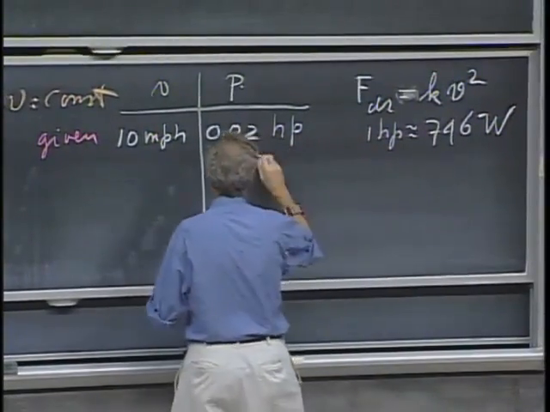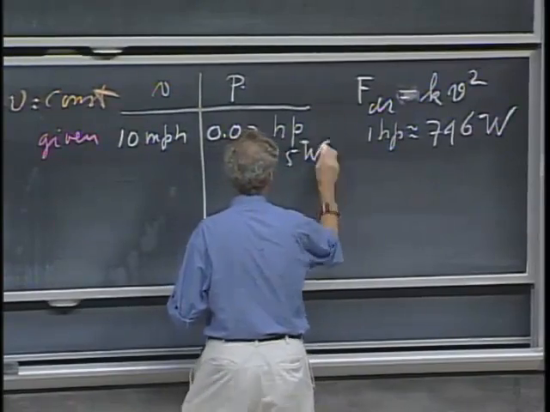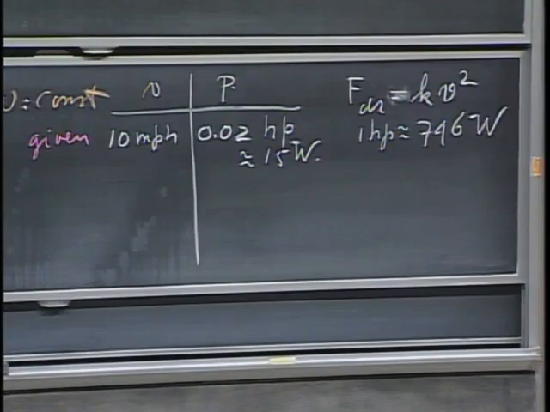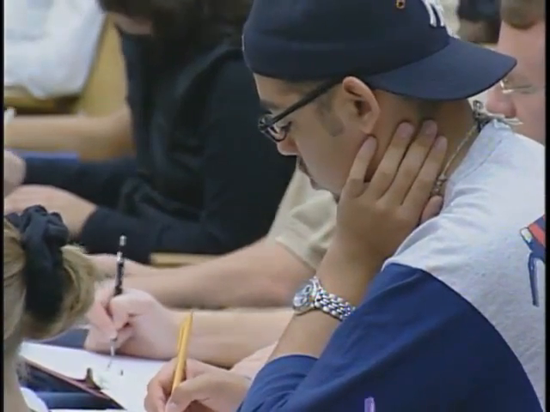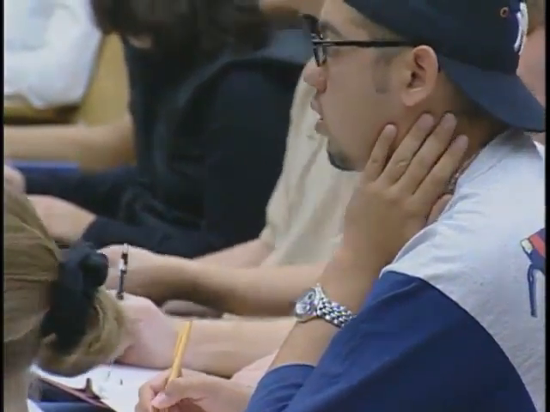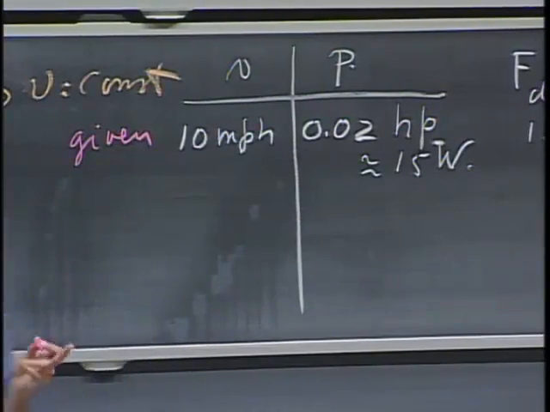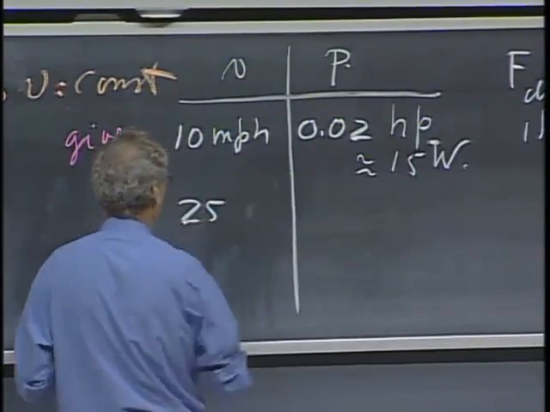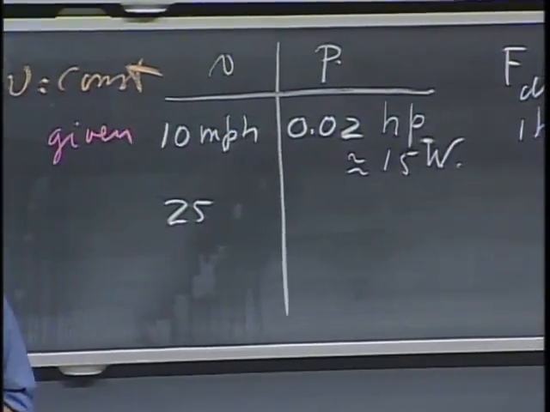So this is about 15 watts. So I'm pedaling, and I keep my speed at 10 miles per hour, and I have to generate 15 joules per second on average. But now I want to go to 25 miles per hour. So here we get 25. That is 2.5 times higher.